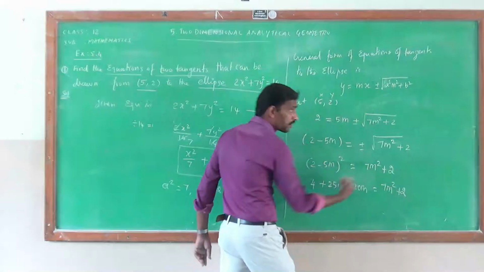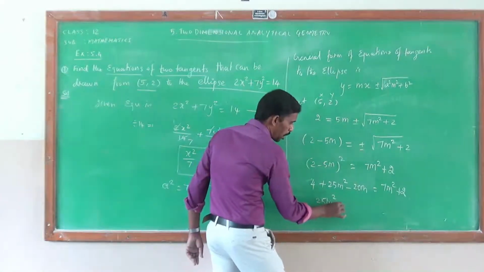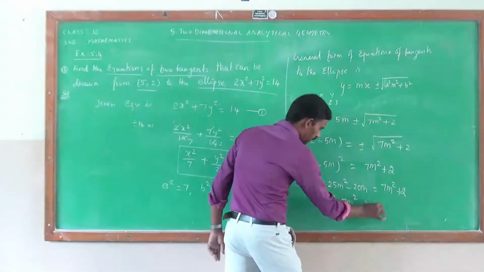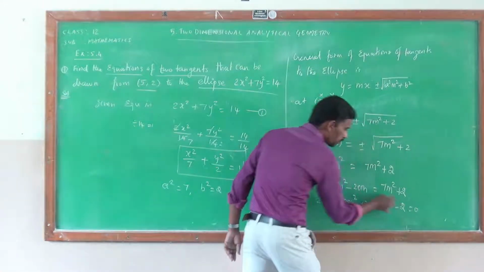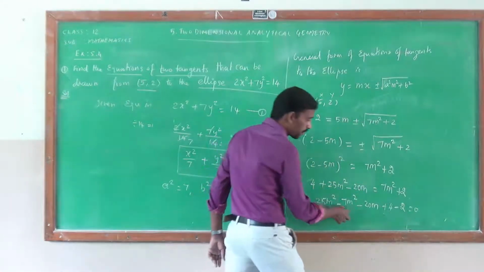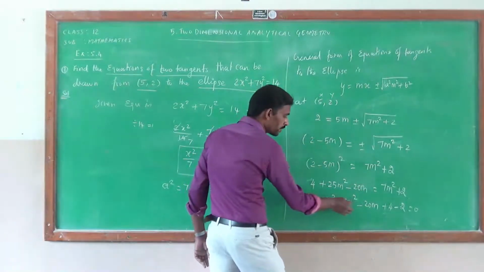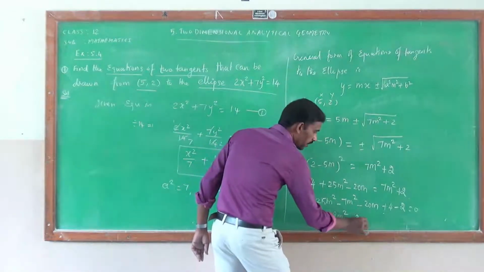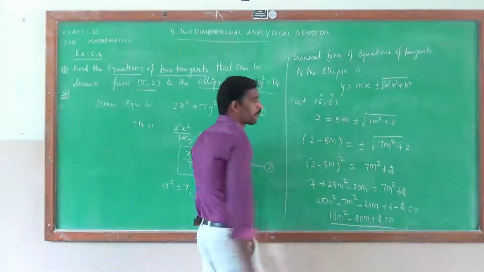Bring all the terms on the right side to the left side: 25m square minus 7m square minus 20m plus 4 minus 2 equal to 0. Now 25m square minus 7m square is 18m square, so 18m square minus 20m plus 2 equal to 0.